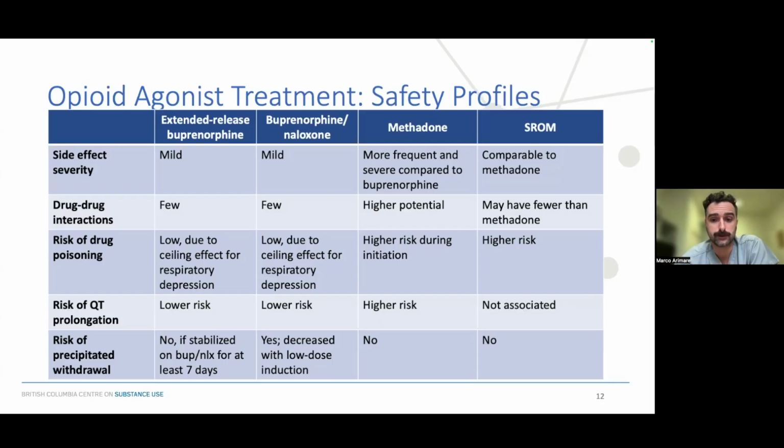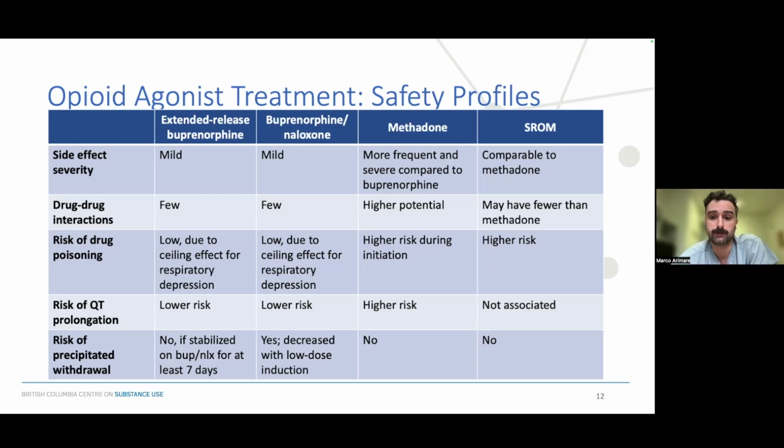Methadone and SROM do not have a risk of precipitated withdrawal. And if someone has been fully stabilized on buprenorphine naloxone first, then there is no risk of precipitated withdrawal with extended release buprenorphine. That being said, there is still a risk of precipitated withdrawal with a rapid induction or a cold start with extended release buprenorphine.